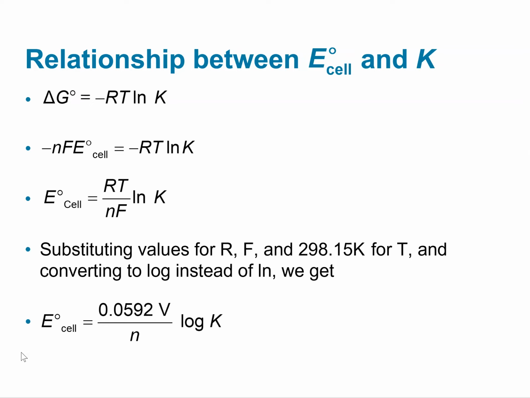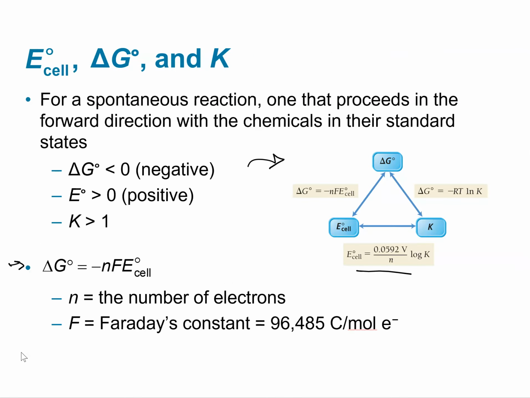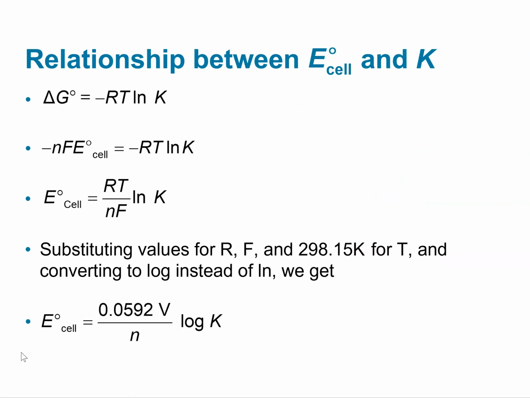So let's investigate this just a little bit. This is a bit of a derivation of the preceding equation that I was just talking about. Because delta G is related to K, we can substitute negative N F E naught cell for delta G, and then rearrange to solve for E naught cell, or standard cell potential, and get a direct relationship between E naught cell and K. You could derive this fairly easily on your own, or just do it in 2 steps.